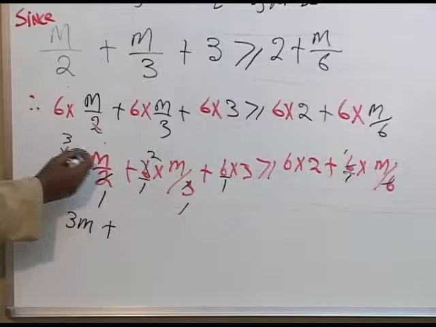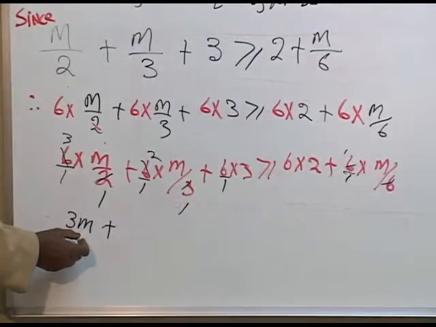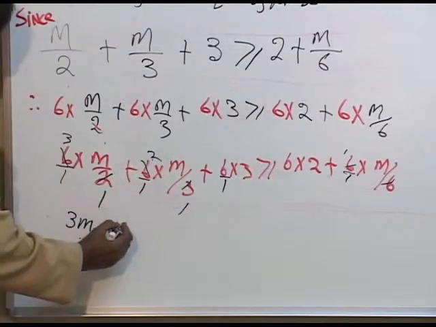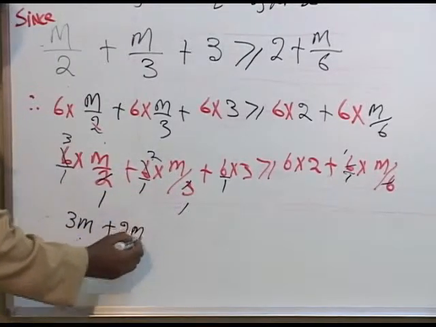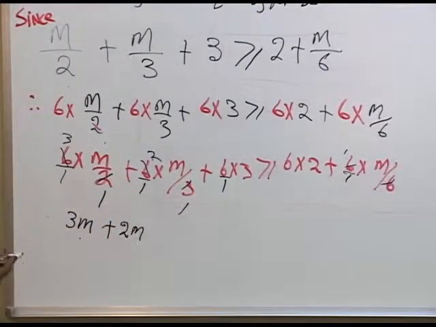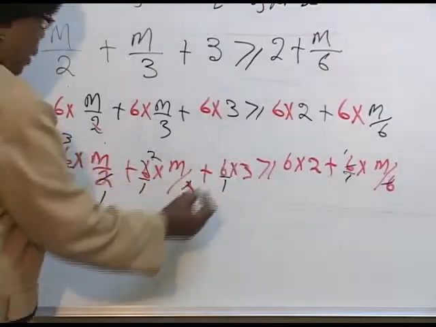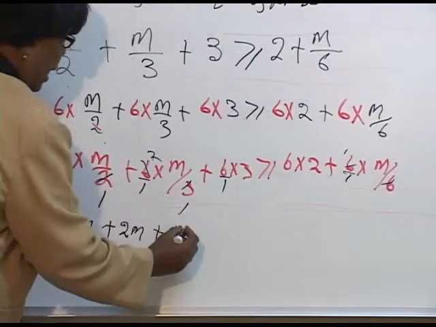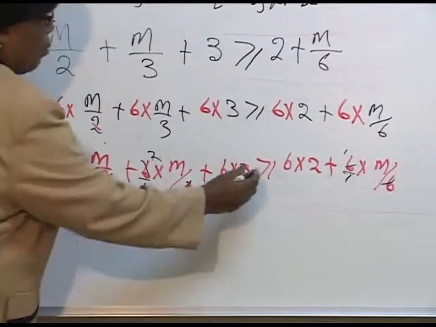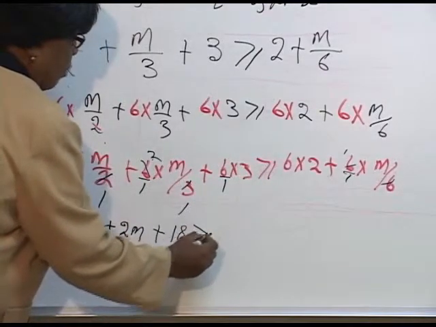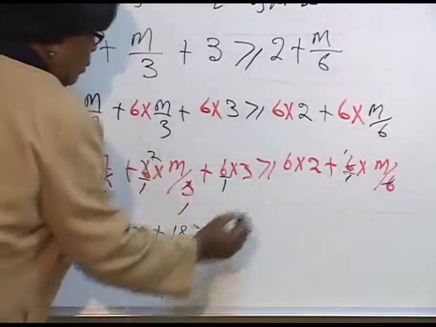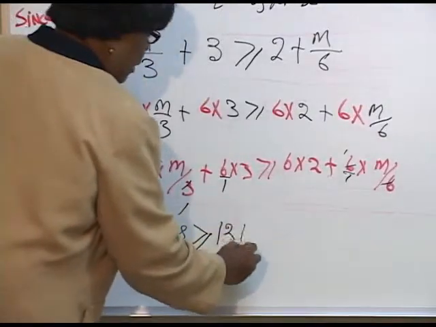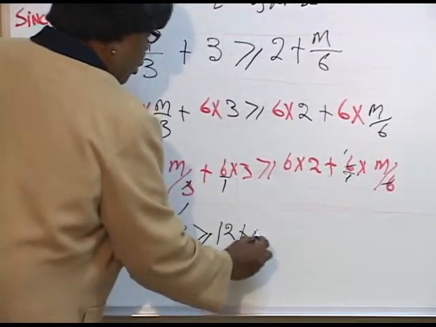3 times m would give you 3m, and it is plus 2 times m would give us 2m, because 1 times anything is just the thing itself. And then it is plus 6 times 3 would give you 18, and then we're writing greater than or equal to 6 times 2 would give you 12, and it is plus 1 times m would just be m.